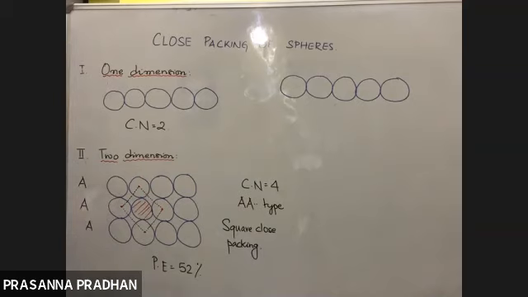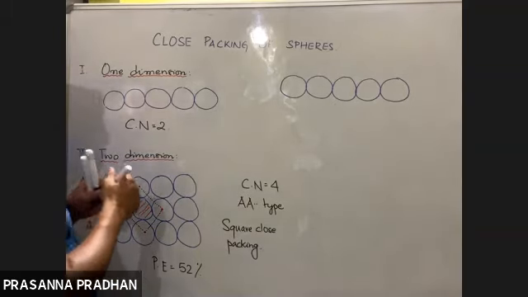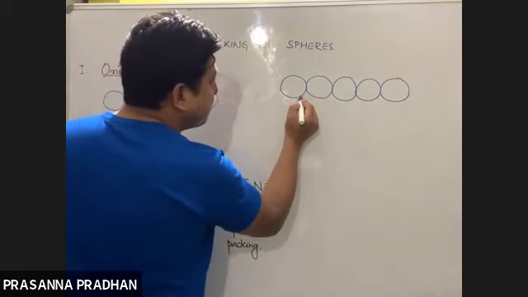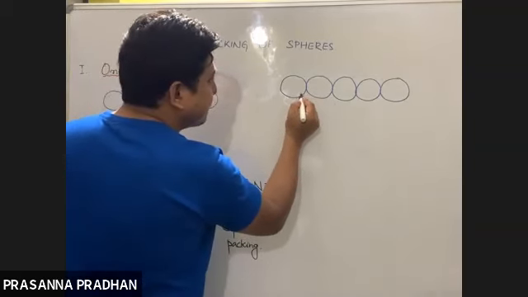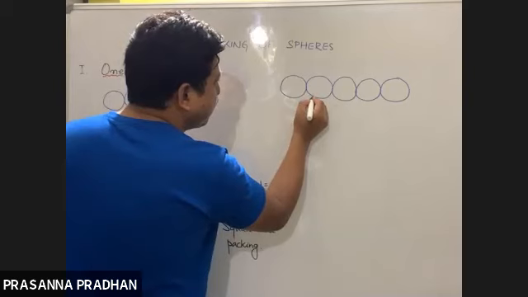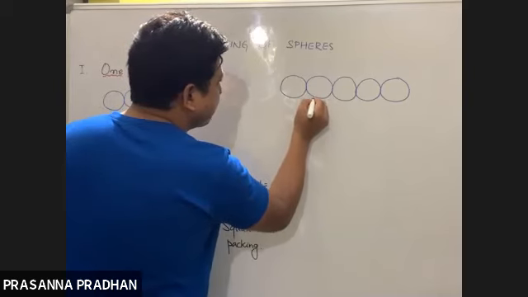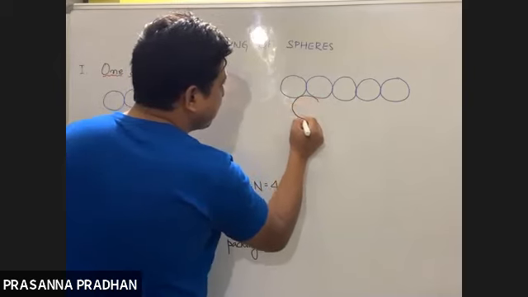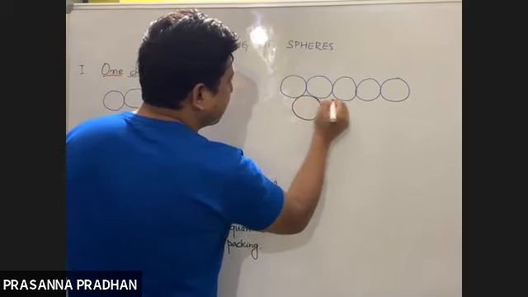Where can you place the second layer of spheres, guys? Is there any other way? Yes, the second layer of spheres can be kept in between these voids. The depressions here, you can place it in these depressions.